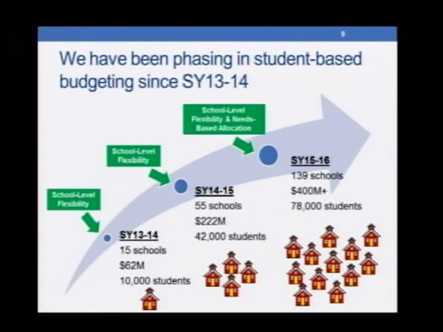We have been implementing a phased-in approach to where we are today. We began back last year in 2013-14 with what we call here school-level flexibility, or what we've been calling school-based budgeting, where we originally had 17 schools. It ended up being 15.